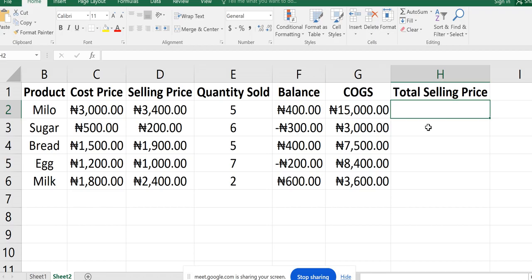Fumbi, how do we calculate our total selling price? We've gotten the cost of goods sold. How do we calculate our total selling price?